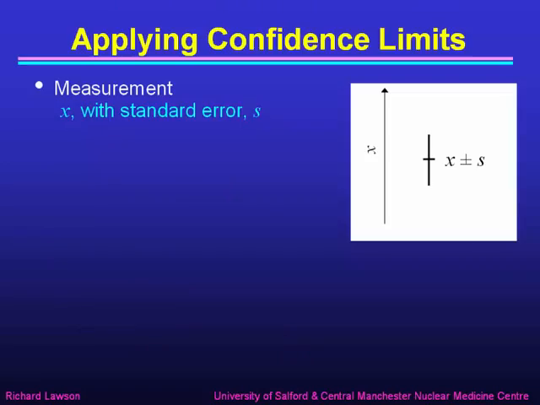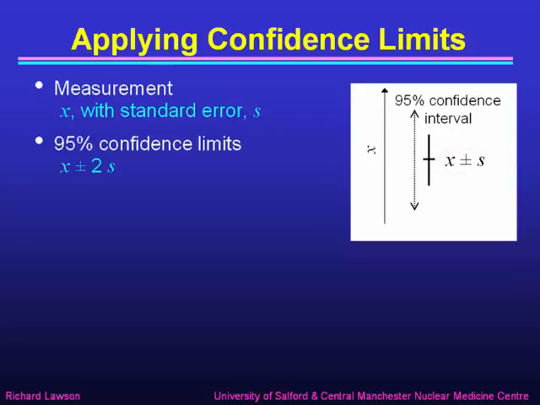In order to apply confidence limits, we think of the measurement x with a standard error s, represented by an error bar like this. The line in the middle represents the mean, and the vertical extent of the line represents one standard error on either side, above the mean and below the mean. So x plus or minus s, representing the range of standard error.